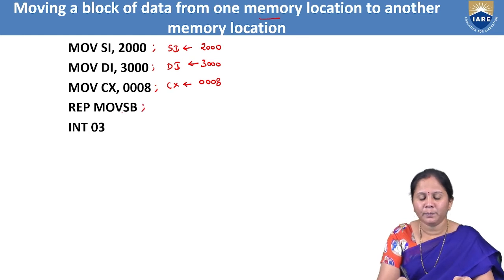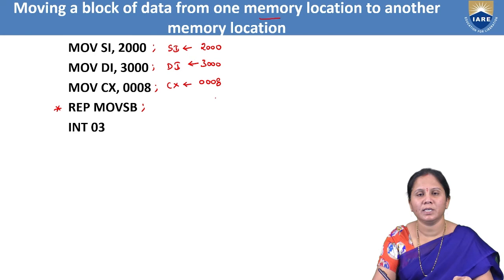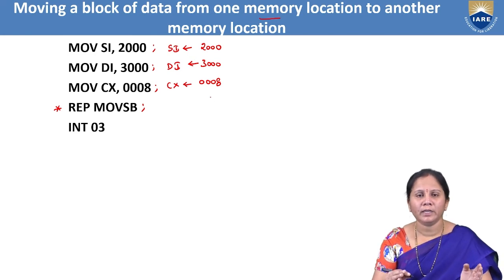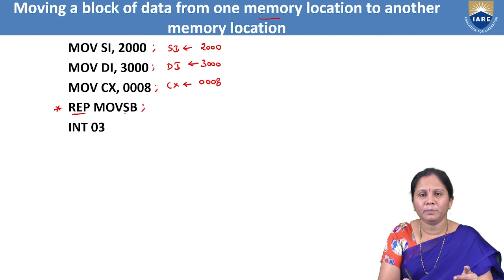And REP MOVSB. Once this REP MOVSB instruction is executed, the entire block of data which is present in one memory location will be moved into another memory location. Here REP is an instruction which will be used as a prefix to another instruction.